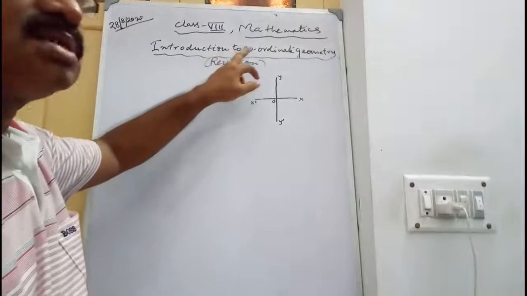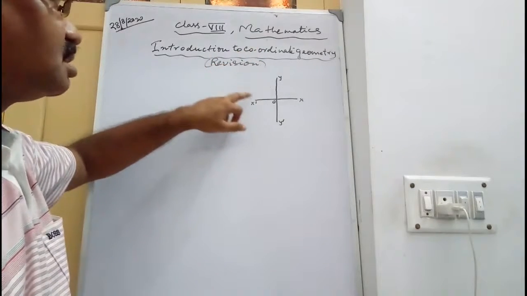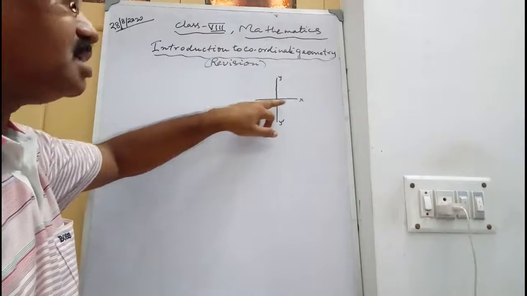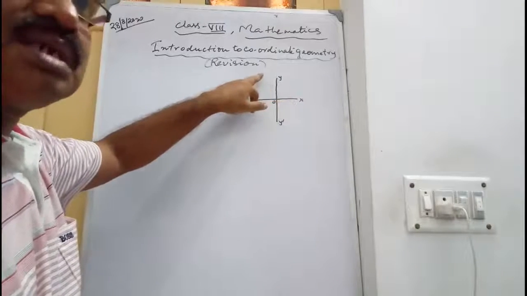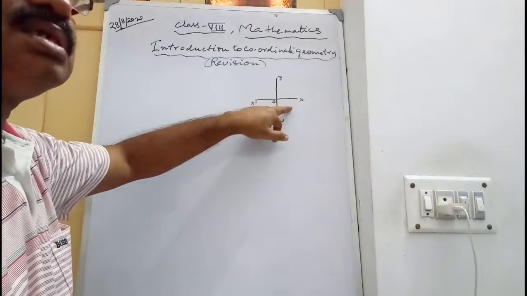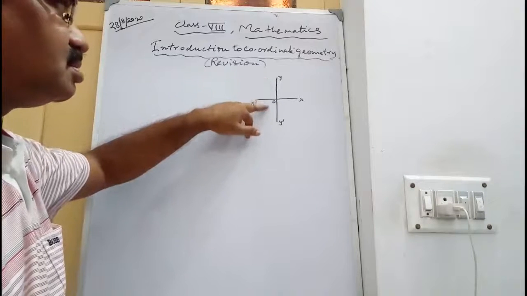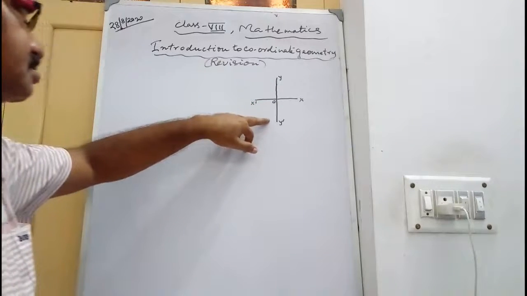Chapter is Introduction to Coordinate Geometry. Revision. Two lines are there, each perpendicular to each other. One is XOX dash, another is YOY dash.